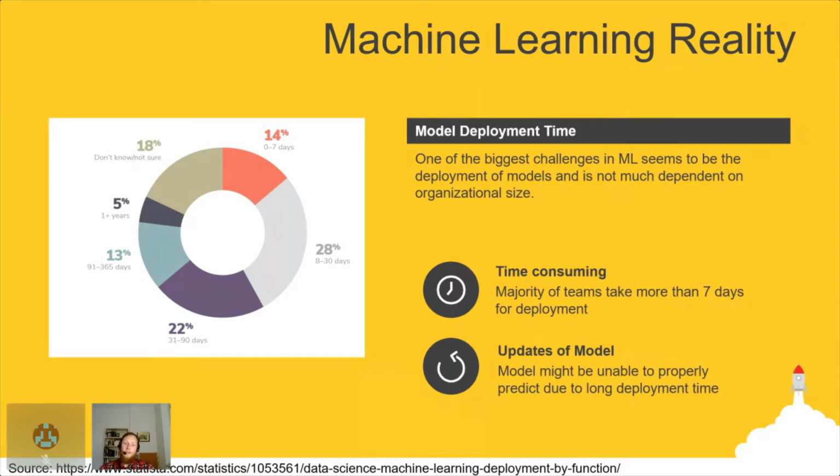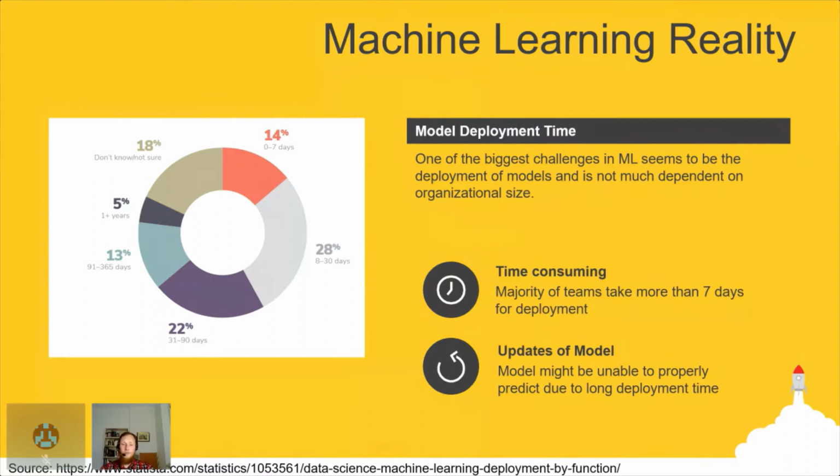The overall majority, 50% of them, take more than a week and up to 3 months to deploy one model. And you can imagine what kind of host of problems this brings with it. If you take 1 month, let's say, to deploy a model, your model is obsolete the moment it comes into production. And this is a huge problem.